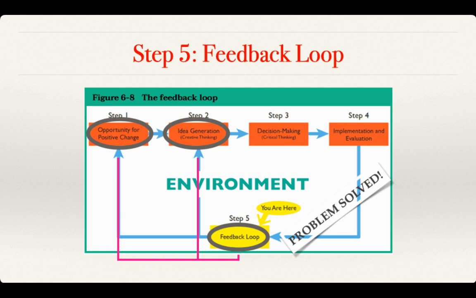Another possibility is that once you implement your idea or ideas and gain some feedback, you realize you need to modify your plan. This might lead you back to step 2, where you can generate more ideas, potentially creating a cycle where you continue to assess and improve your plan. Of course, another outcome is when you reach a point where you've done all there is to do with an opportunity. There's no more room for change in that area, or the problem is completely solved.